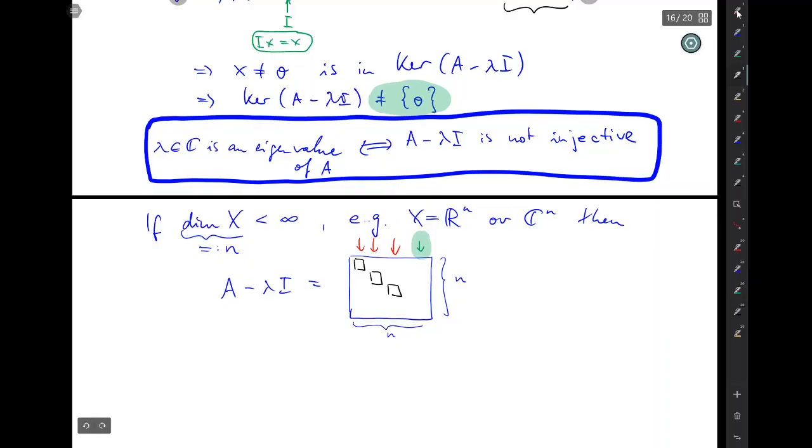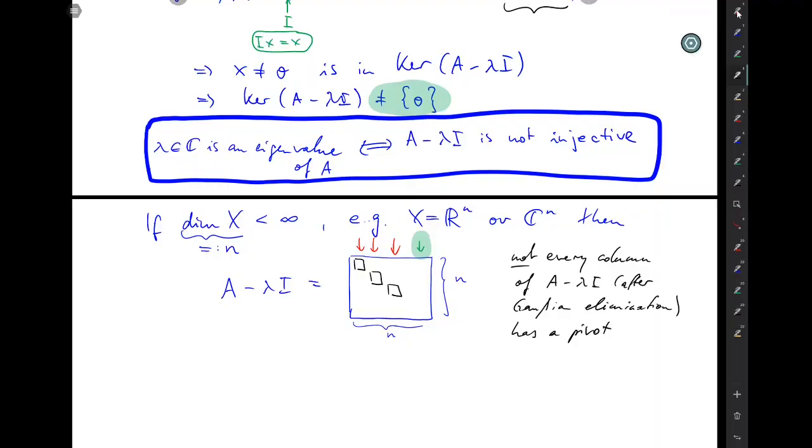So let's sum this up. So not every column of A minus lambda I after Gaussian elimination has a pivot element.